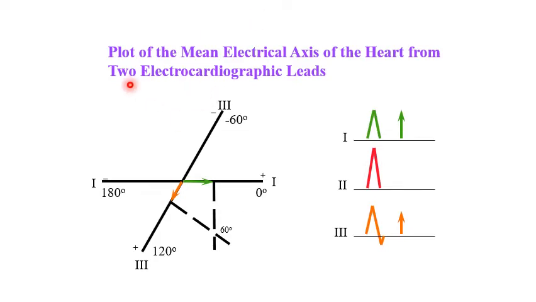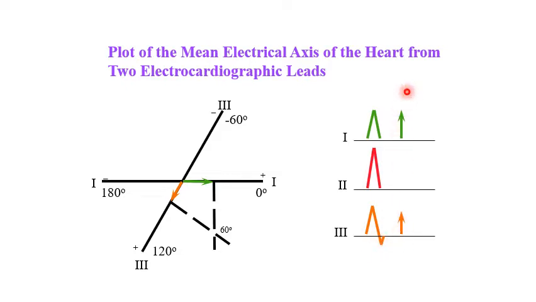Now, this is another example. How can we plot the mean electrical axis of the heart from two electrocardiographic leads? Here we have lead 1 and also lead 3, and we know the length of lead 1 and lead 3.